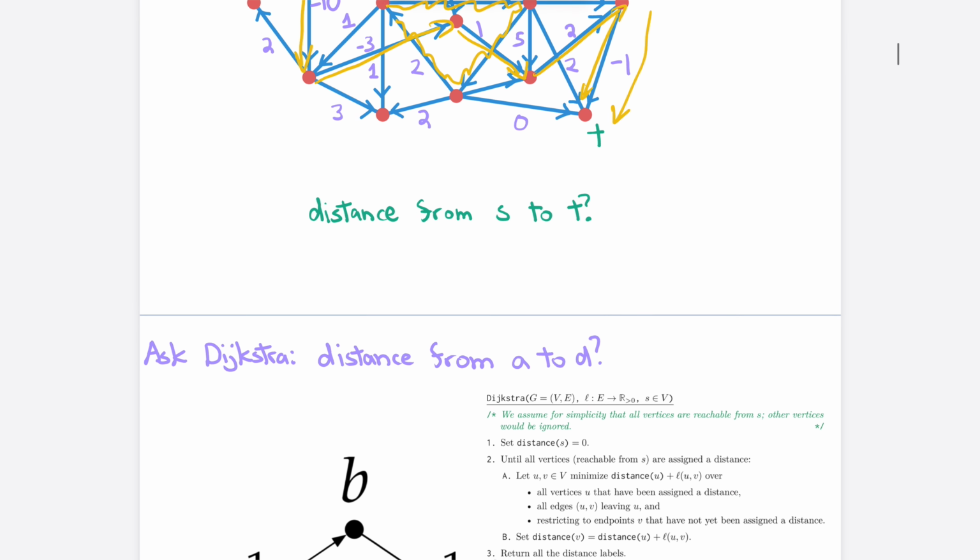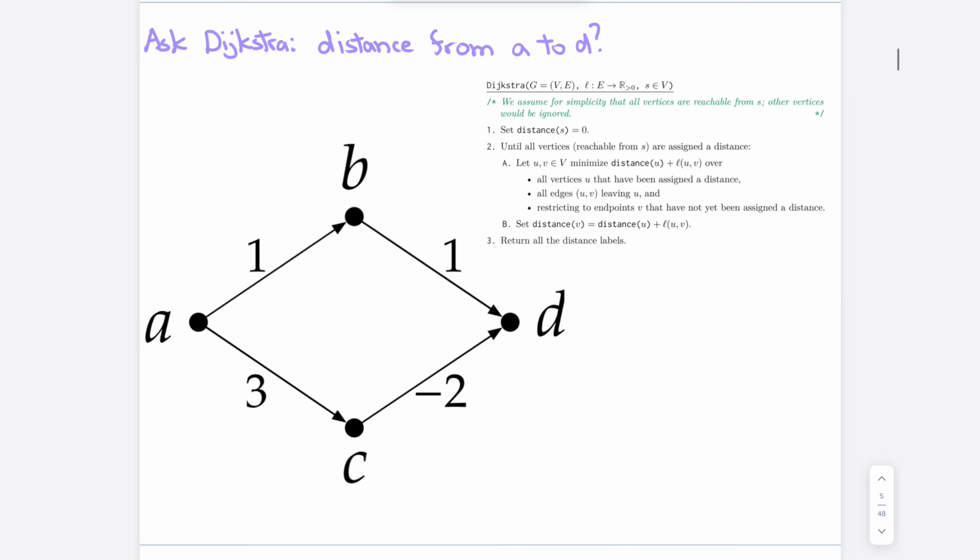So negative edge length is going to present several issues, but maybe I've reduced it to two. There's Dijkstra's algorithm in the top left, the unoptimized version, greedily trying to find the next closest vertex, next closest vertex, next closest vertex. And here's a very simple graph. If I'm starting from A, what would Dijkstra do?